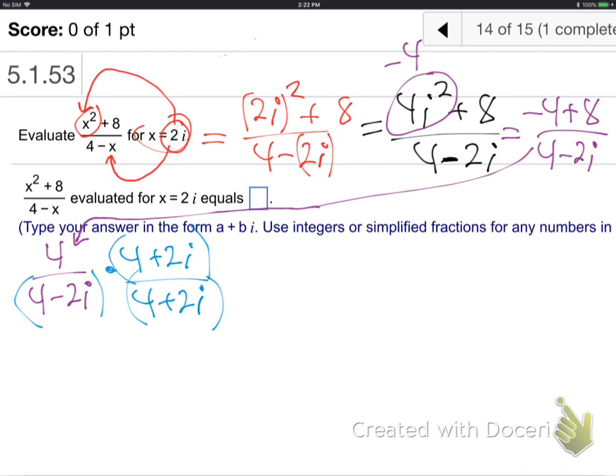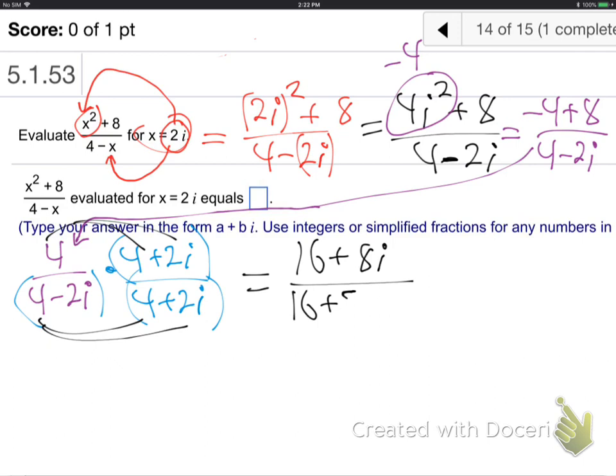See what you get from there. So that 4 is going to distribute. 16 plus 8I. On the bottom, it's going to FOIL. 16 plus 8I. Boom, boom. Minus 8I. Minus 4I squared.